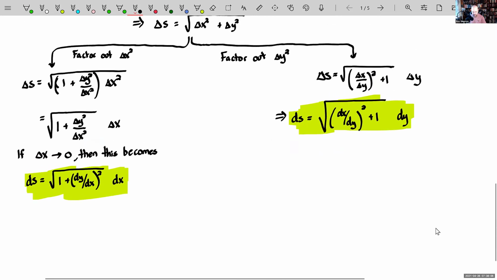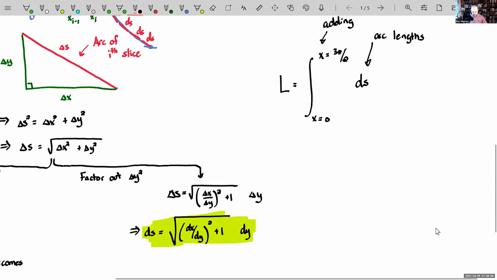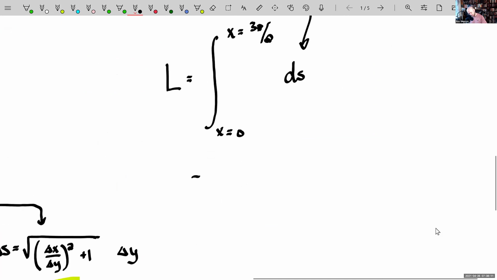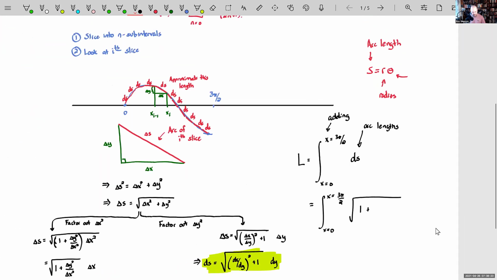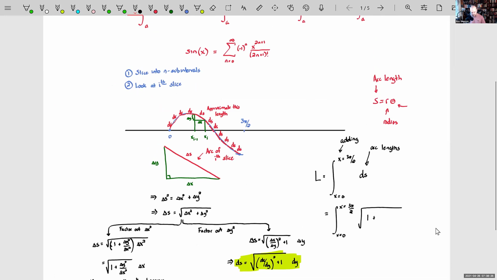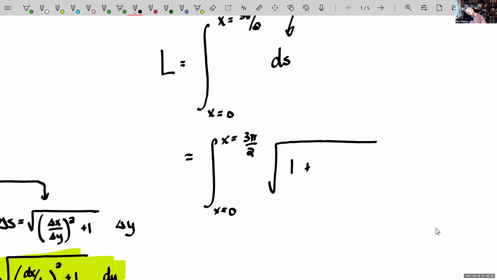So in our case right here, I'm not going to integrate it. Actually, I could, but we would replace the ds here with the square root of 1 plus the derivative of our original function, which was the sine function, squared. So that's going to be cosine squared, and then dx.